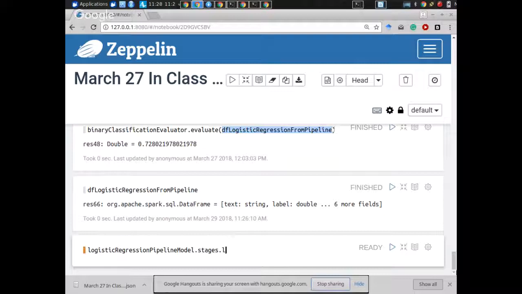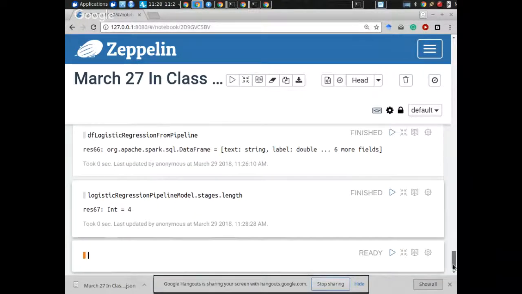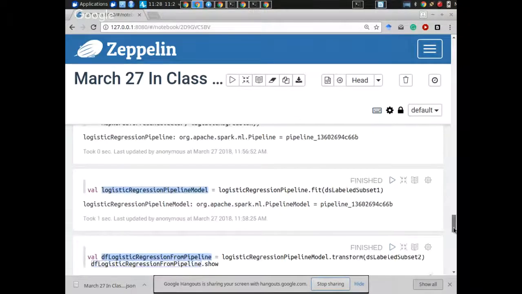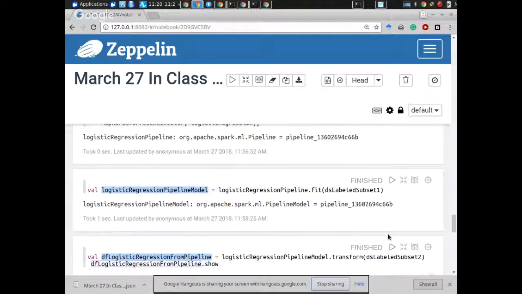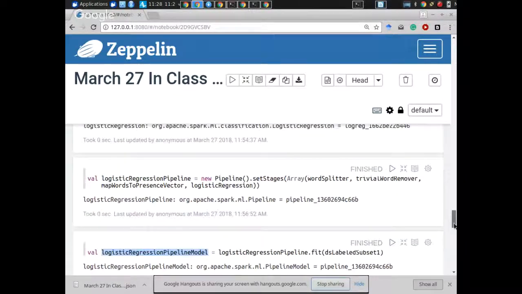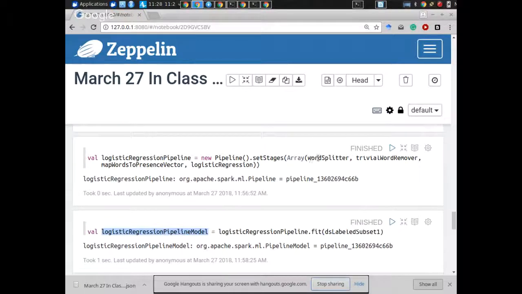First of all, I want to see how many stages are in this model. And the answer is it's 4 stages. Any idea where those 4 stages came from? In that fitted model, what did those reflect? Yeah, exactly.